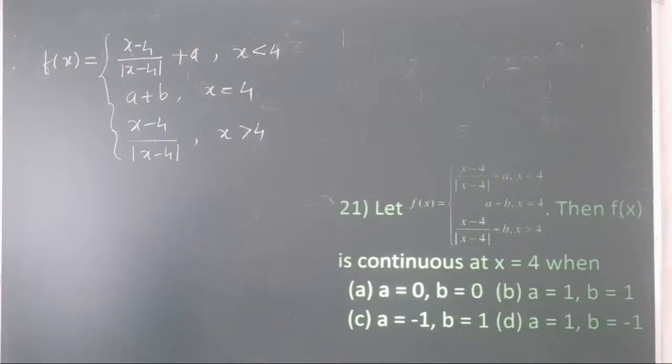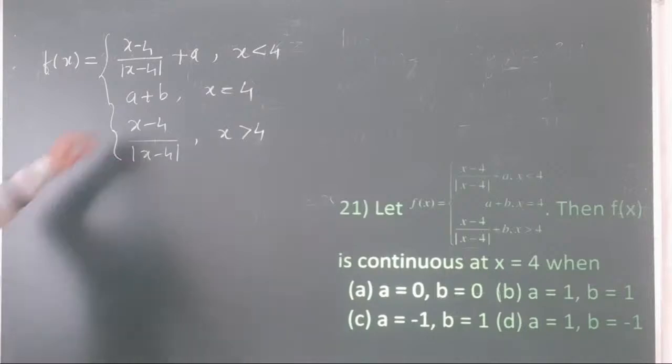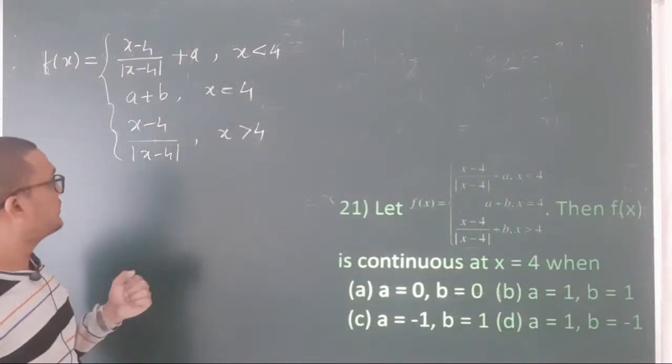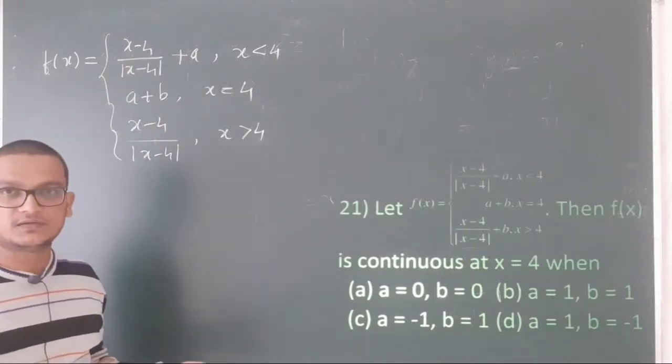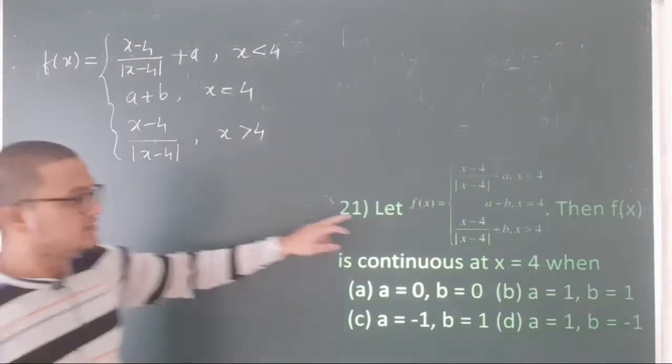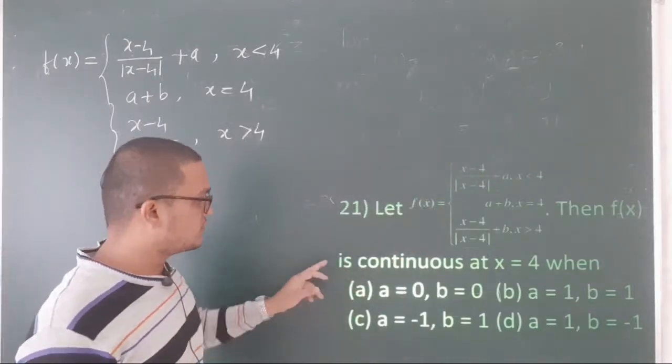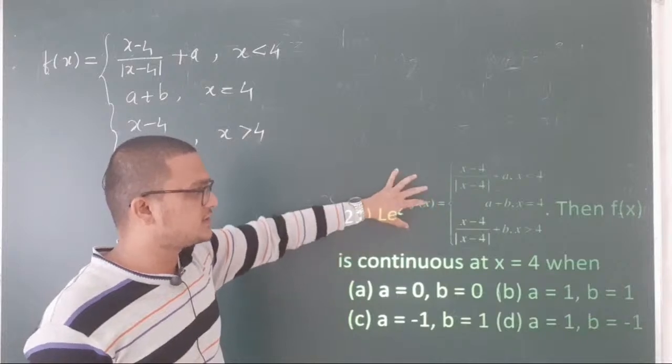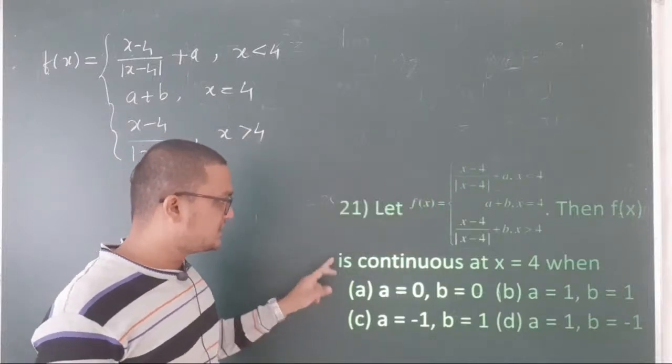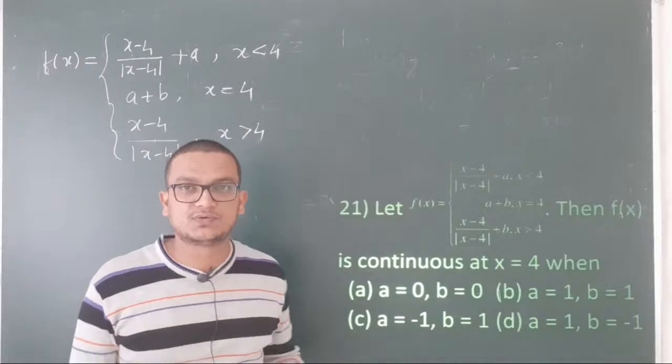Okay, see this particular problem, how to simplify. If you observe, after looking at the function it looks difficult, but it's very simple. So this function is given and they have said this f of x is continuous at x is equal to 4.